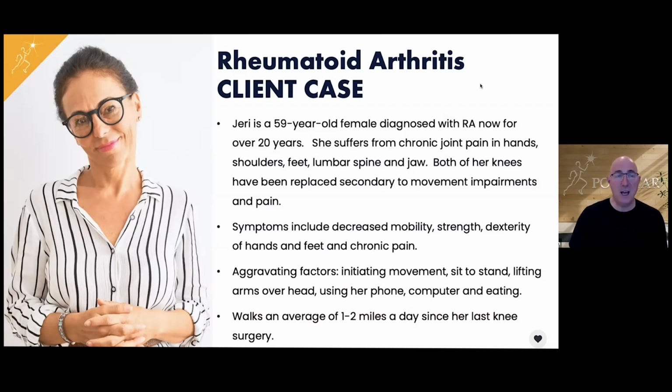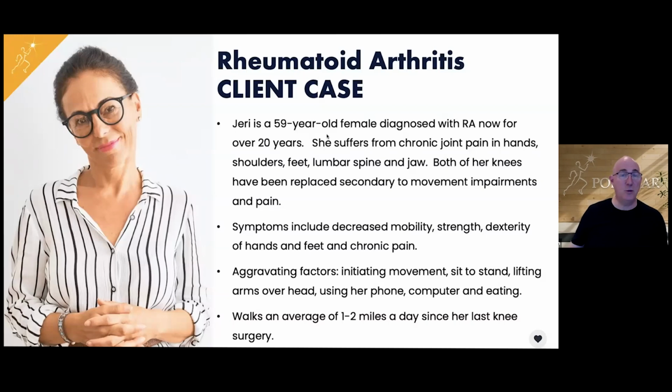Jeri is a 59-year-old female diagnosed with RA now over 20 years. So that means she was diagnosed when she was 39 years old. She suffers from chronic joint pain in her hands, shoulders, feet, lumbar spine, and jaw. Those are all things we saw. Both of her knees have already been replaced, secondary to movement impairments and pain from rheumatoid arthritis.